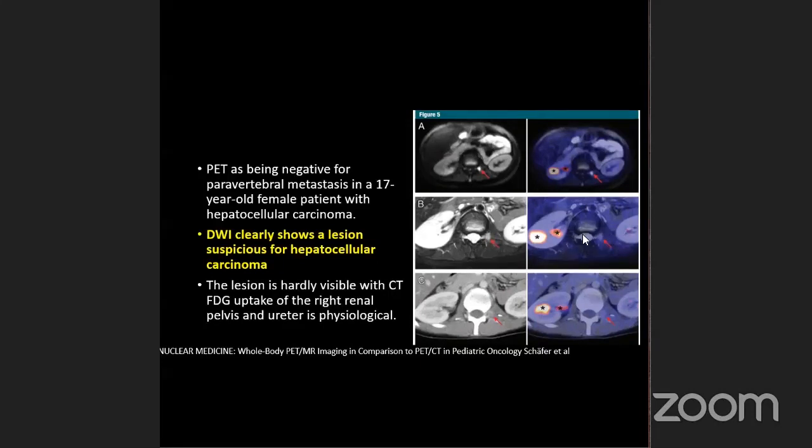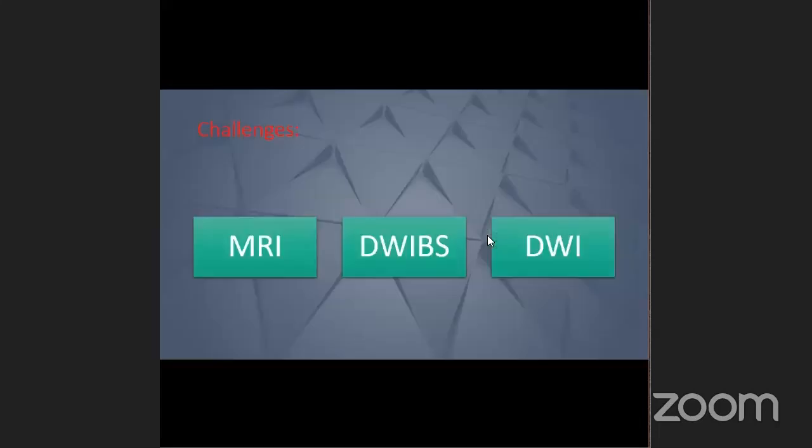But still, you don't have uptake in the PET. Can you say that there is no metastasis because there is no uptake? No, you have to be careful. This is still suspicious. The patient has a history of HCC, so we will not neglect or ignore this. We will do such an assessment for this, and later it is known to be a metastatic lesion.